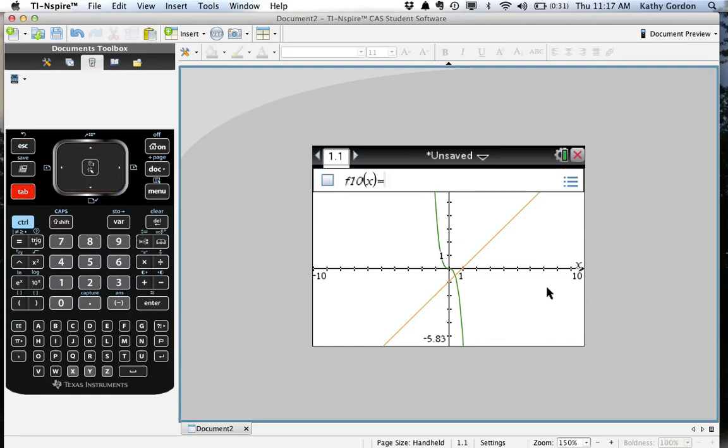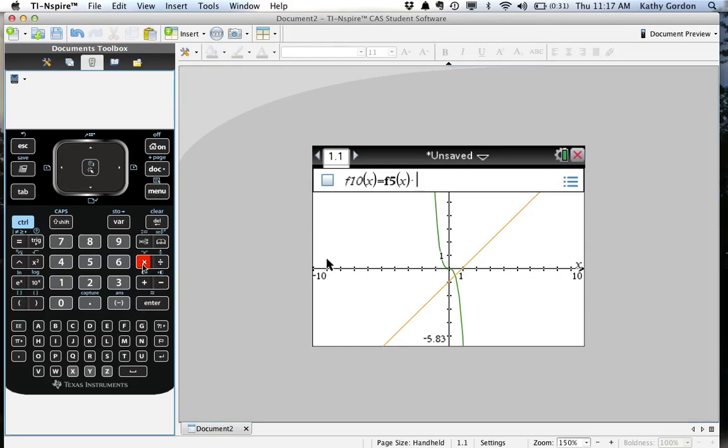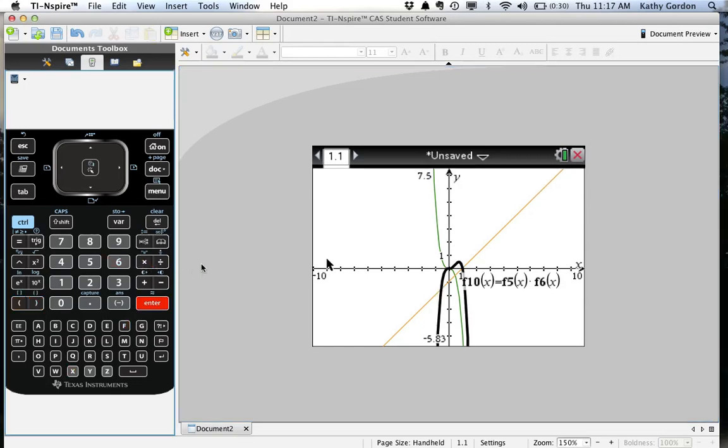So let's actually see what that looks like. If we take, this was f5 of x times f6 of x, this is what we get.